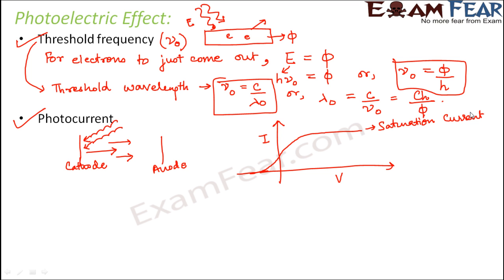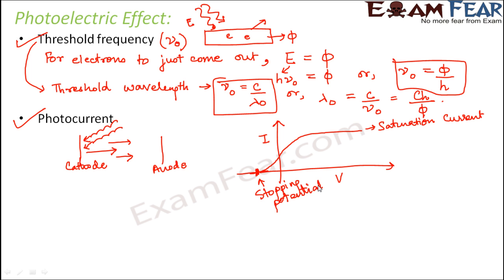And it is also observed that there is a value of voltage corresponding to which there is no current. If you look at this point, for this particular value of voltage, what is the corresponding value of current? It is 0. So this value of potential is known as the stopping potential. All that we understand is that the value of photocurrent changes with the value of potential.